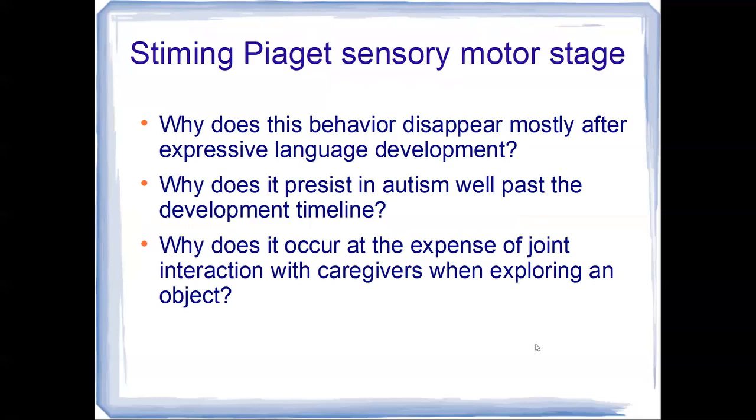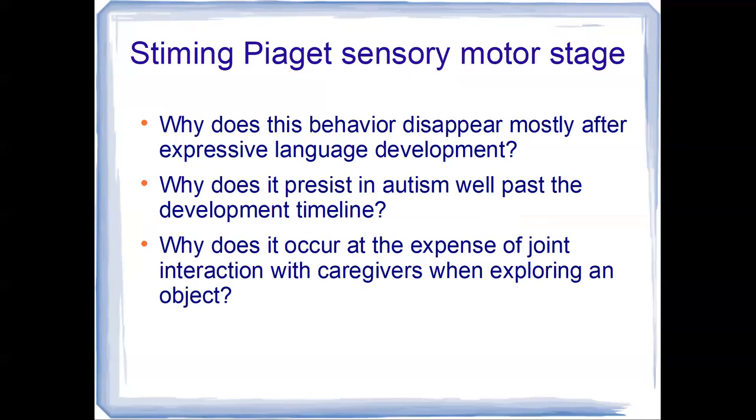I wanted to ask some hypothetical questions to get you thinking. So why does this behavior disappear after expressive language development, and why does it persist in autism well past the developmental timeline?